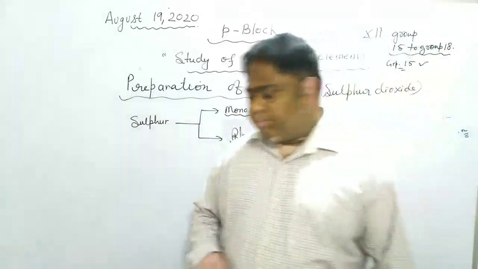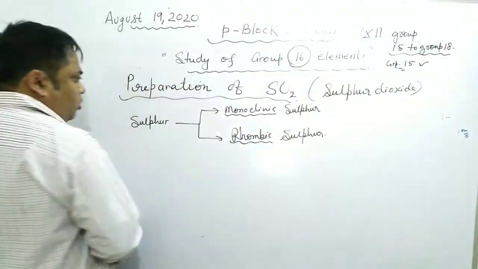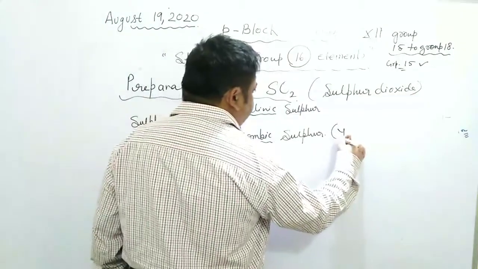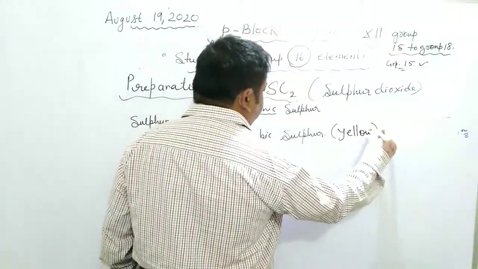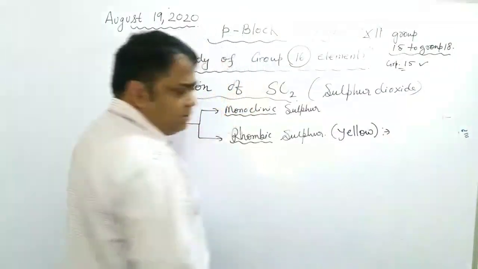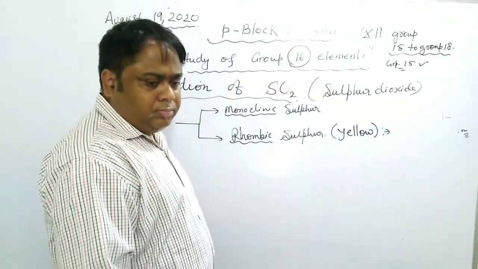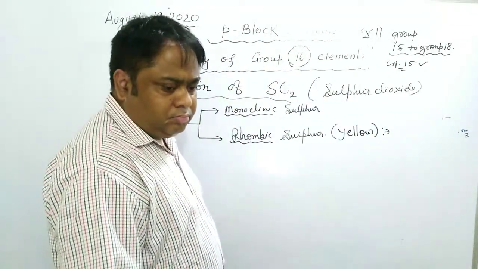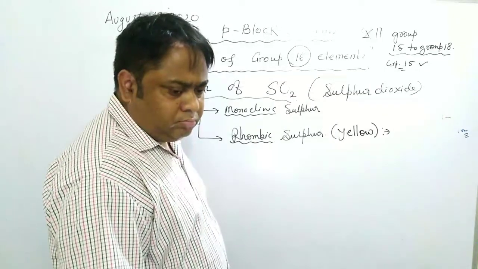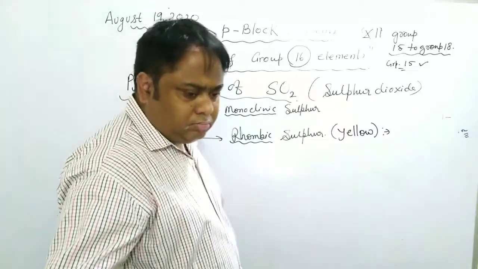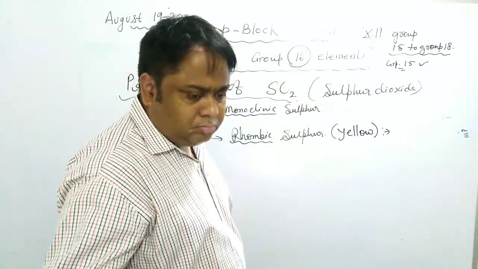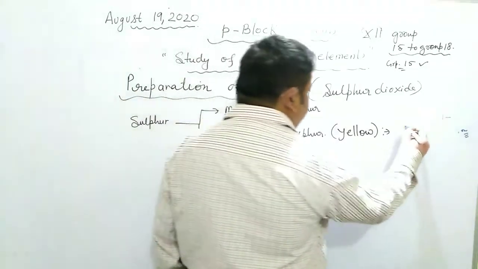So one is rhombic sulfur. Rhombic sulfur is yellow in color. It is also called alpha sulfur.